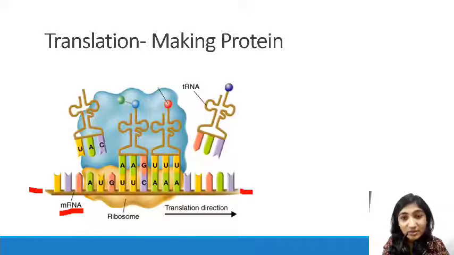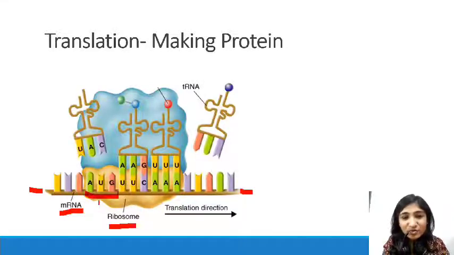The process is performed in the ribosome. This blue and yellow is the ribosome, which is a cell organelle. According to the sequence on mRNA, according to the codons, meaning groups of three nucleotides, the tRNAs are attached to the codons on the mRNA.